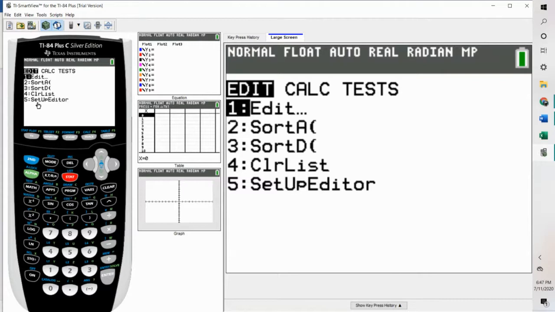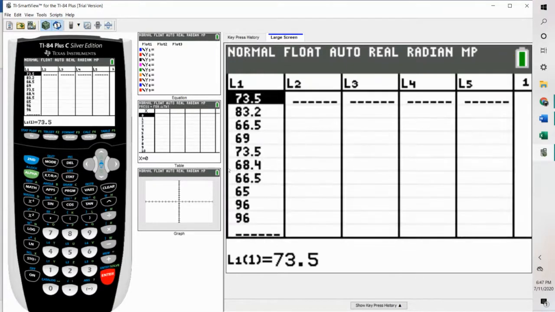Now, if you already have stuff there, you want to clear the list first. But to just enter it, notice this one says edit, hit enter, and you type in your data. Now, I already typed it in. So this was all the data values. You just type the number, hit enter, type the number, hit enter. And you can use your keypad on your computer so it goes faster.